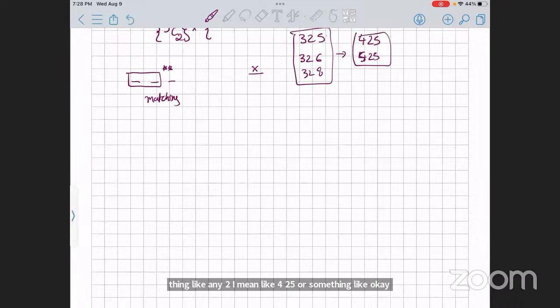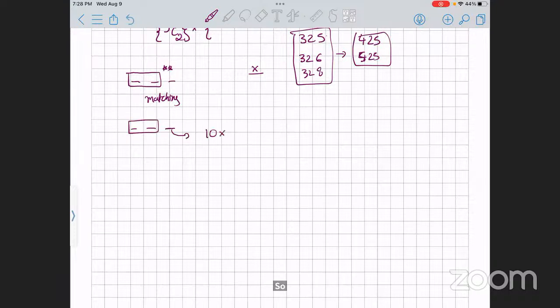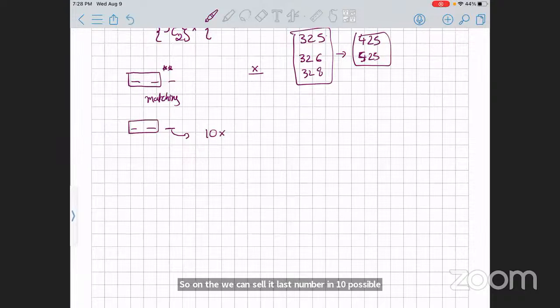Okay. So if 2 numbers are matching, listen to this carefully. First thing you have to do is, if first 2 numbers match, then we can select the last number in 10 possible ways. Clear till here? Sir, can you please explain after the 3C2, what did you do?